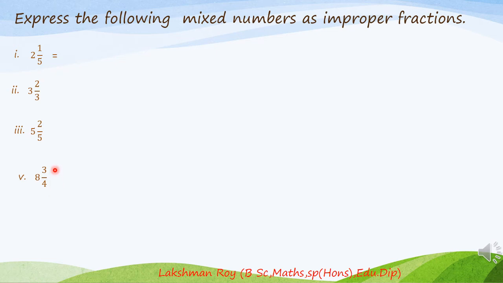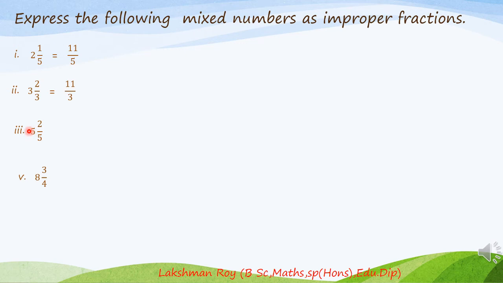So let's try. I'm going to tell the answers. You can see what we have to do. The denominator is 5, so don't worry about that. 5 should multiply by 2, that is 10. You have to add 1, that is 11, so 11/5. Second one: 3 multiplied by 3 is 9. You have to add 2, that is 11, so 11/3. The denominator is 3.